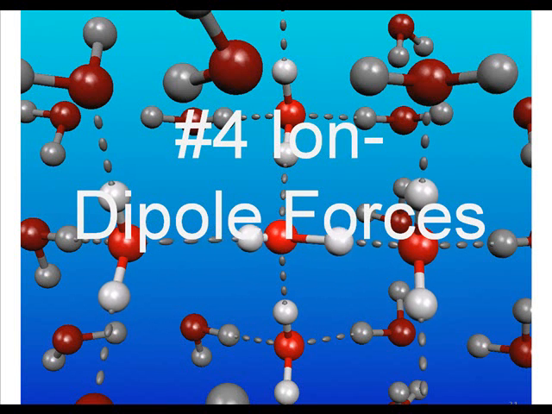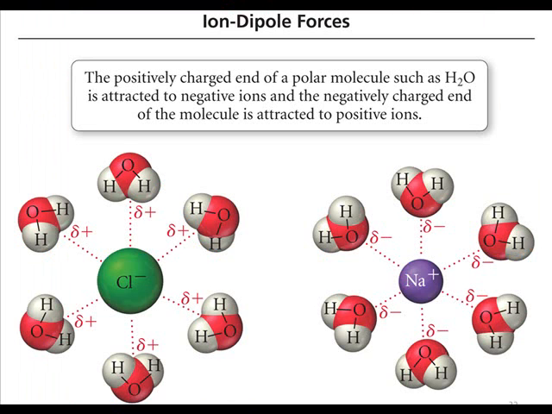Now, ion and dipole forces. We briefly talked about this already. When you dissolve an ion in water, the strong polarity of water causes it to be attracted to the ion that's inside the water itself. It creates an orientation, and there too it's very, very strong.